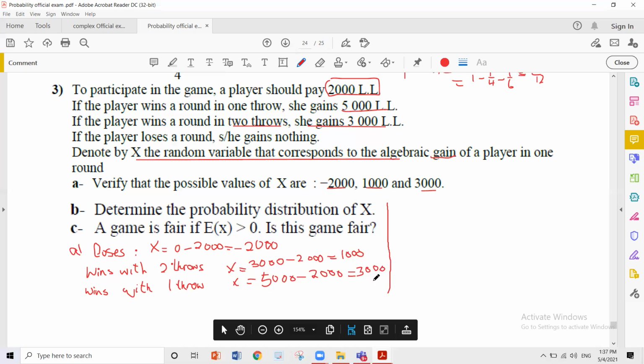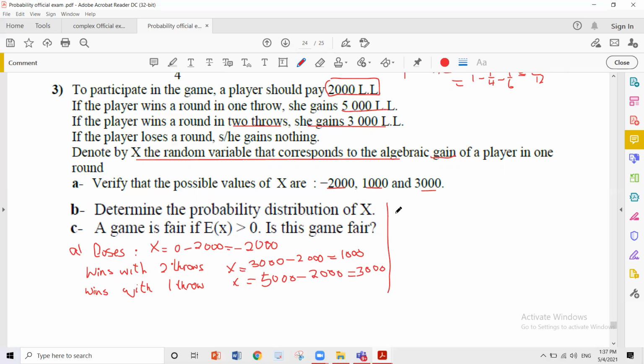Part B. Determine the probability distribution of X. The probability that X equals minus 2000 is what?